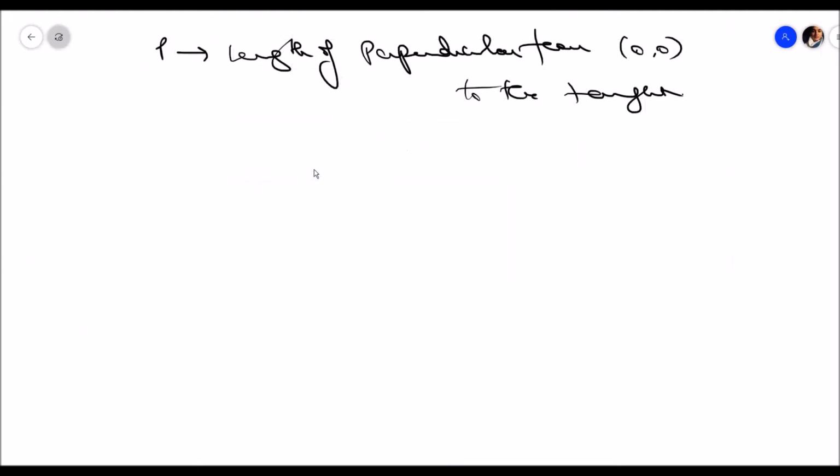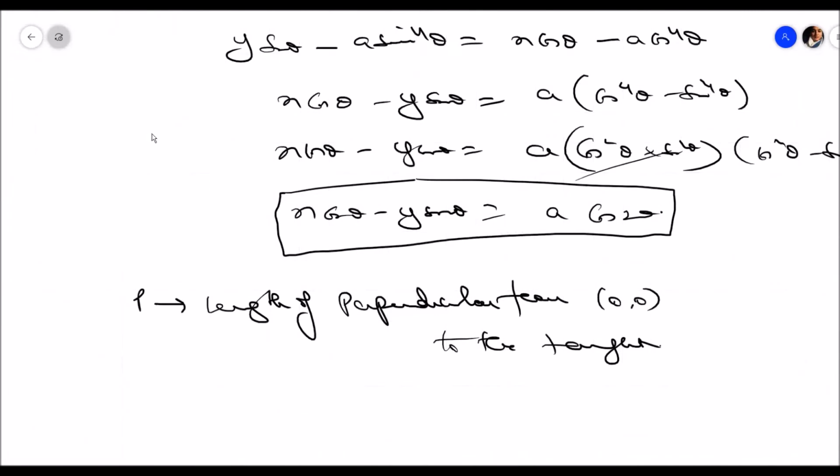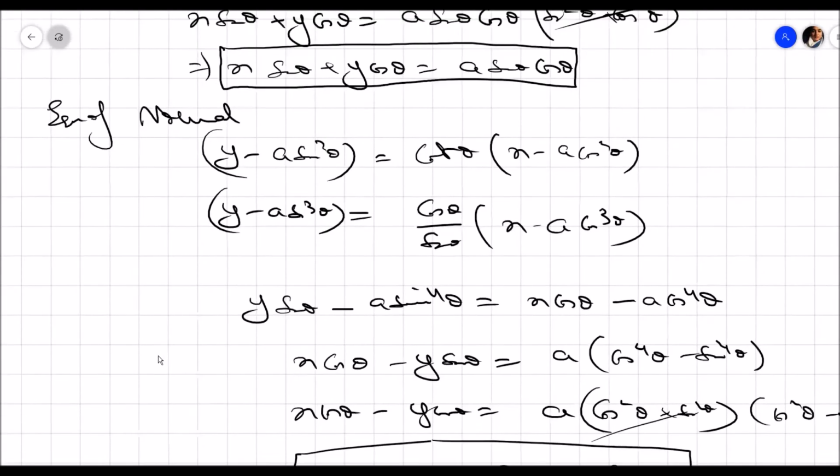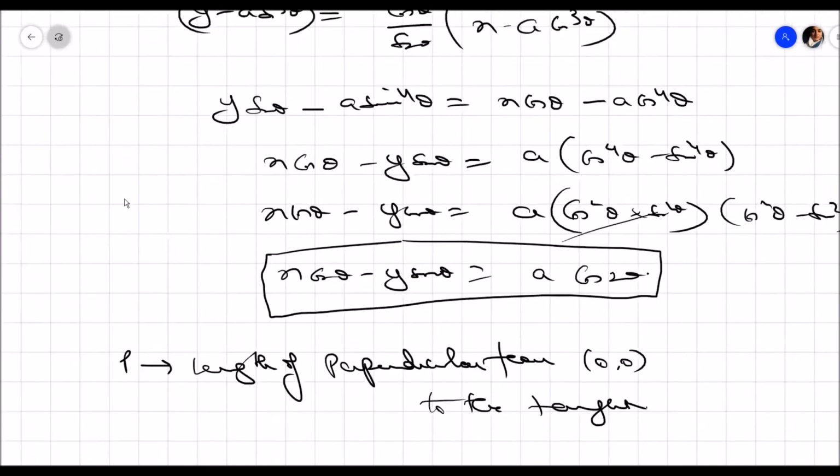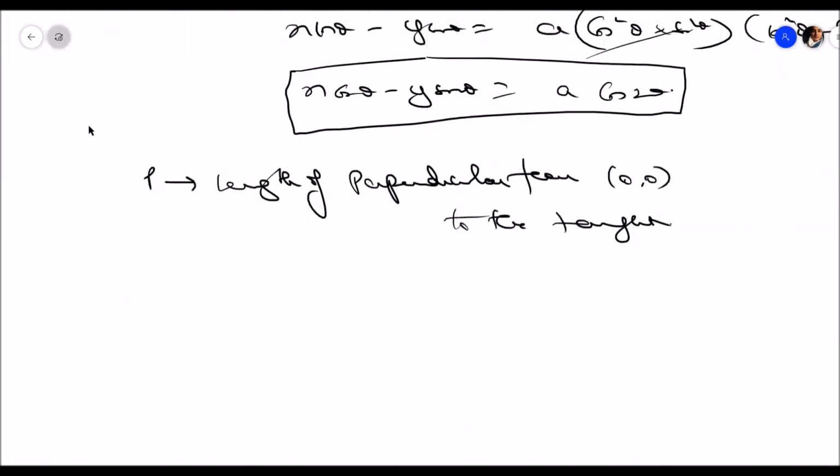So now the length of the perpendicular from 0, 0 onto the tangent, whose equation I already have, that is x sine theta plus y cos theta is equal to a sine theta cos theta. The tangent, whose equation is x sine theta plus y cos theta is equal to a sine theta cos theta, or further you can write it as minus this is equal to 0.